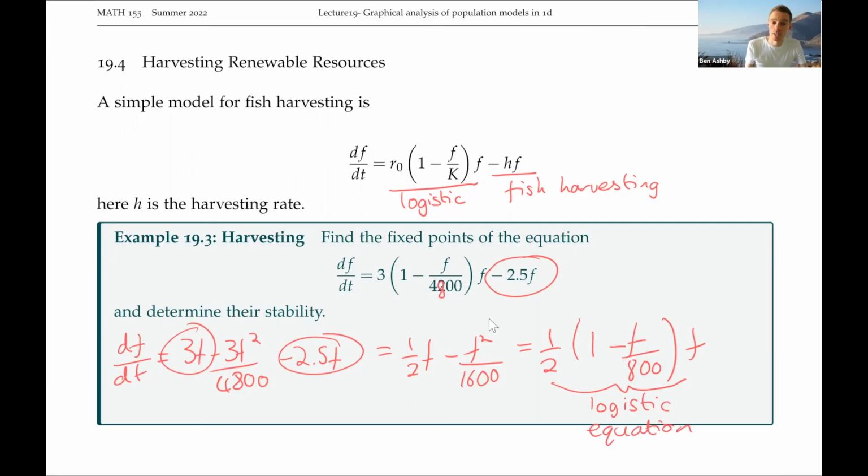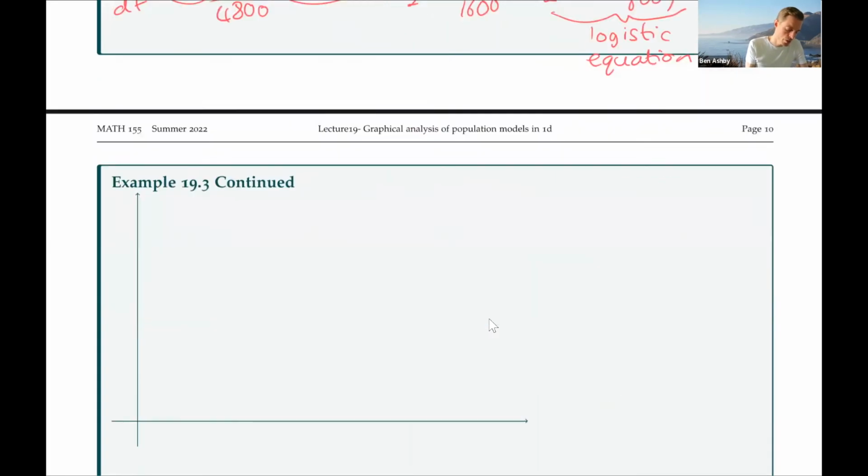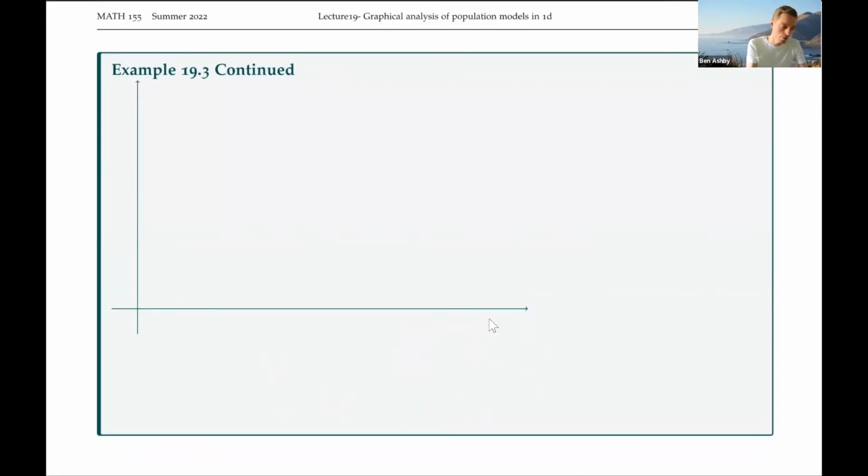So we know how to analyze the stability of logistic equations. We can draw a graph of our df/dt against our population size of fish, f. We see that in the absence of fishing, we'll have something that maybe looks like this, where our carrying capacity was 4,800. We analyzed a model that looked like this earlier.